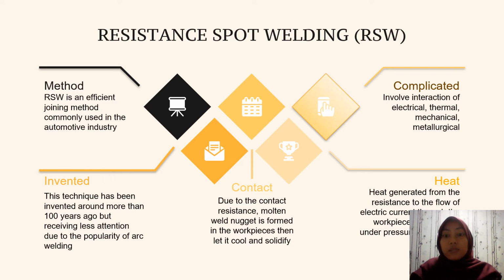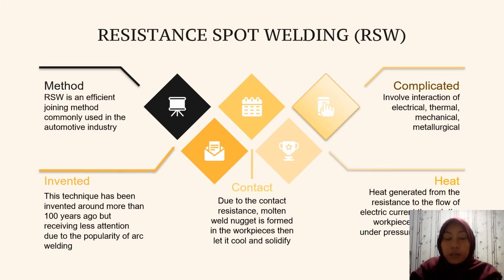This technique was invented more than 100 years ago, but received less attention until recently. Almost all studies have focused on arc welding because resistance spot welding is a complicated process which involves interaction between electrical, mechanical, metallurgical, and thermal factors.